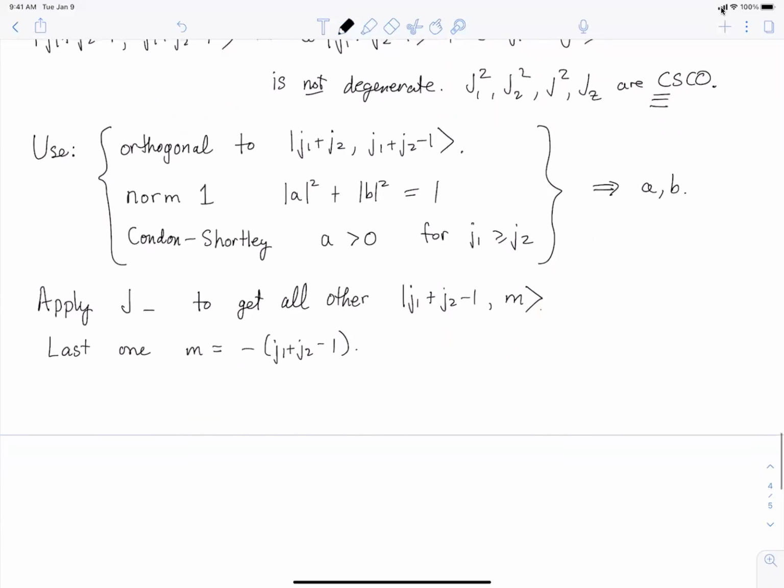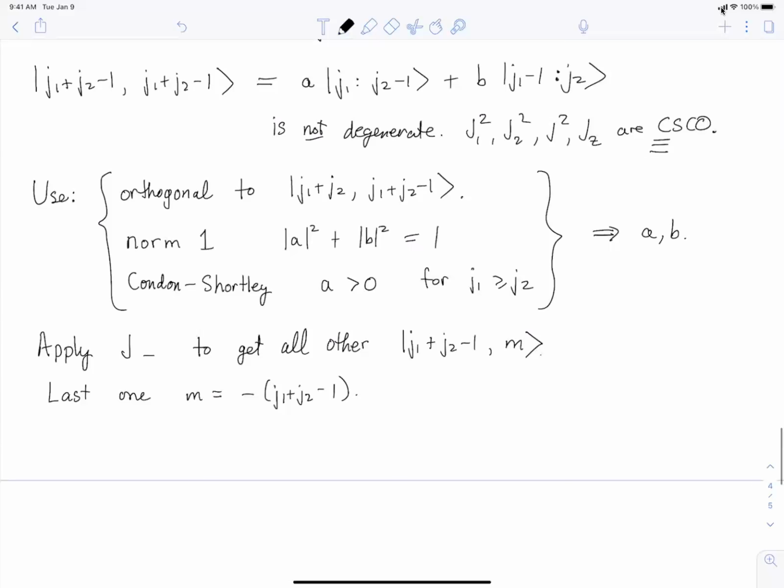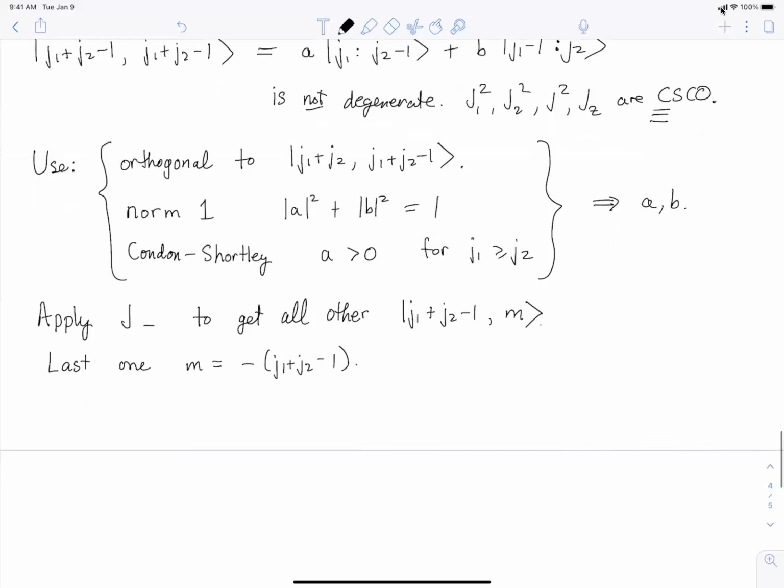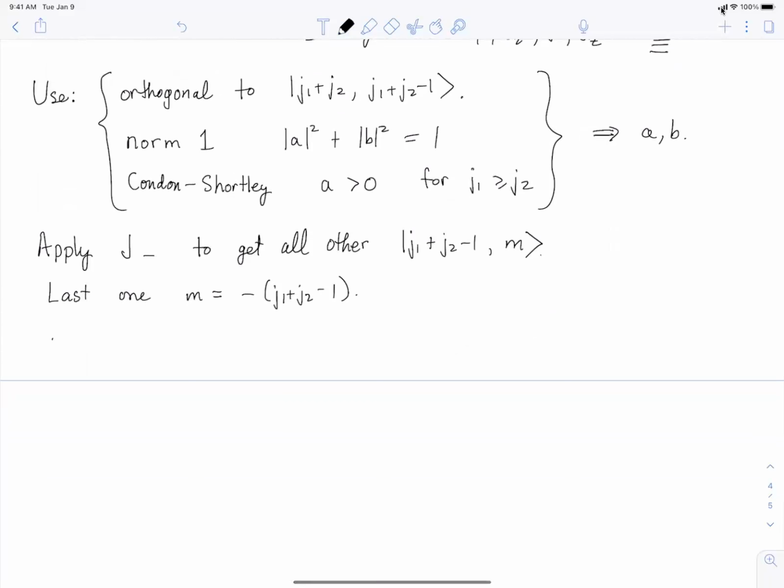Okay, and so that's done with all of the states that have J1 plus J2 minus 1. And now we need to go to the states that have one lower value. So states with J equals J1 plus J2 minus 2.